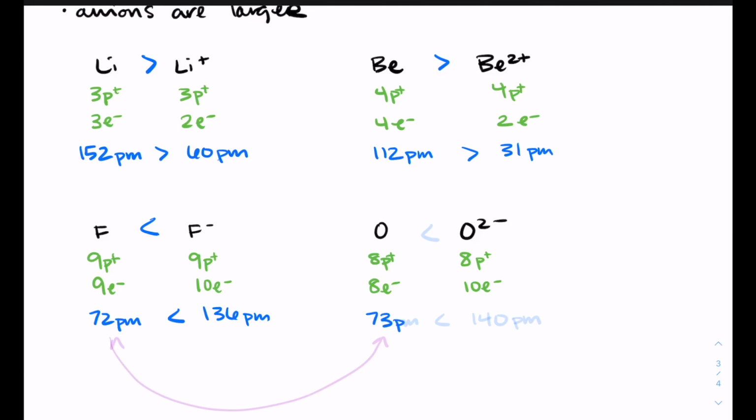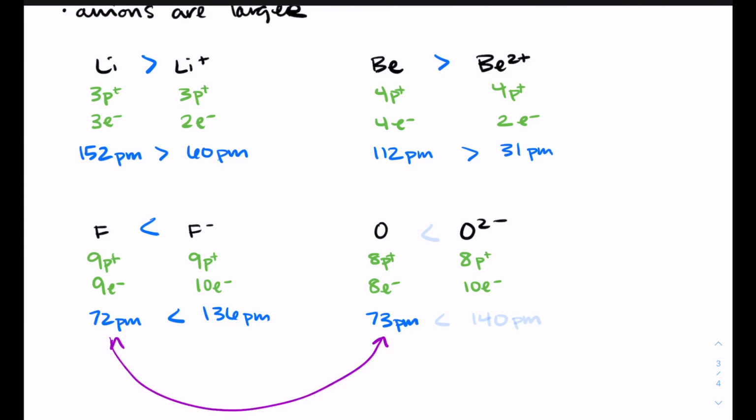And then I want to point out, remember in our normal atomic radius periodic trend, as we go from left to right in a row, the atoms get smaller. And I've got arrows here just pointed at fluorine and oxygen. Fluorine is to the right of oxygen, so it should be smaller. And it is, by a picometer. We've got 72 picometers for fluorine, 73 picometers for oxygen.